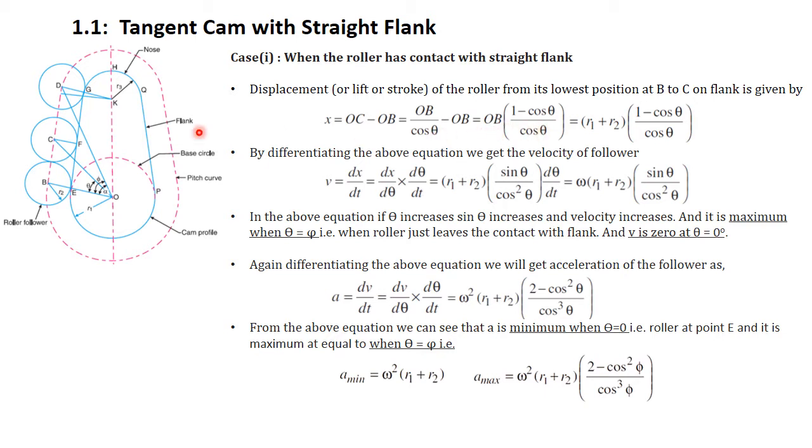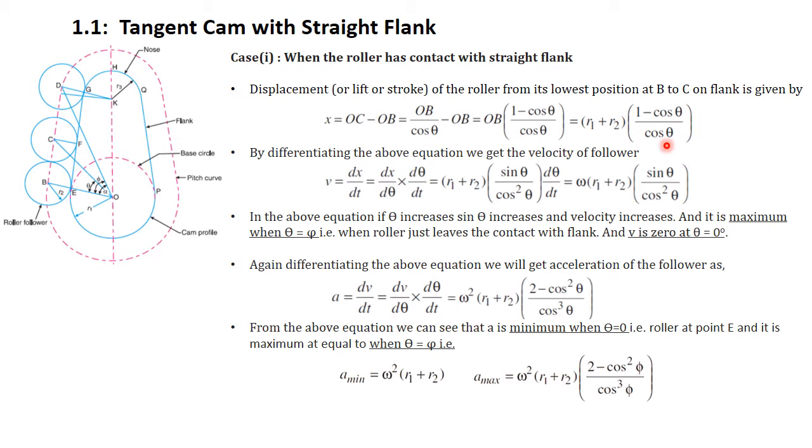Now if we see, OB is nothing but equal to R1 plus R2, where R1 is the base circle radius of cam and R2 is the radius of follower. Therefore, the total distance OB is equal to R1 plus R2. So if we want to find x, then it is (R1 plus R2) into (1 minus cos theta) upon cos theta, right?